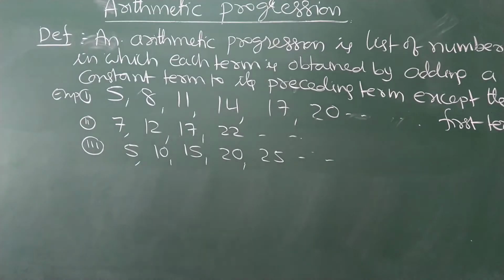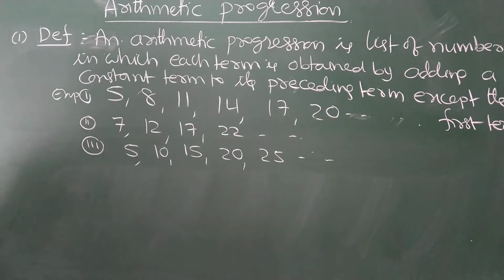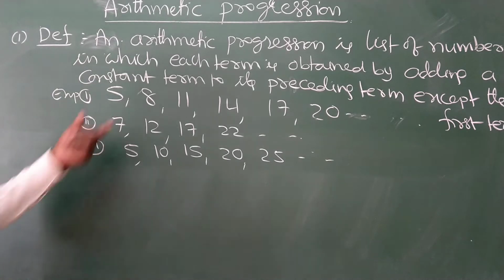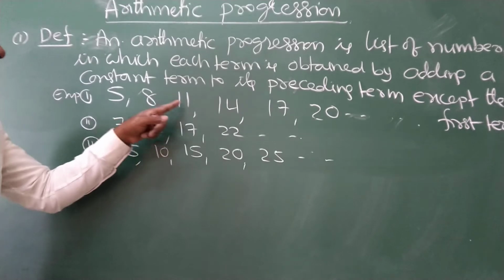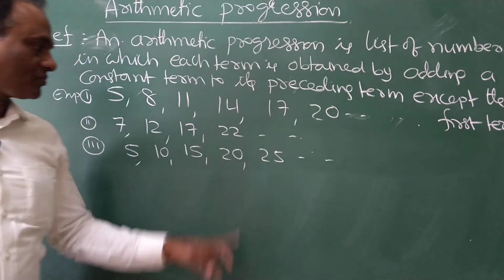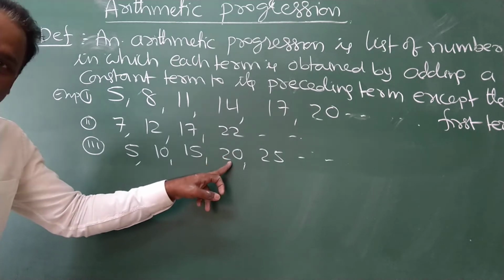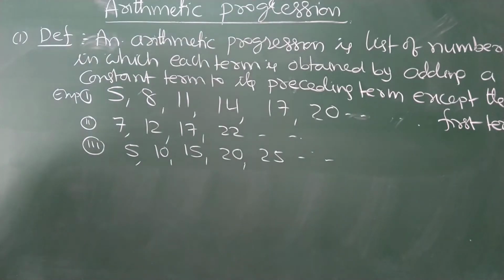Right. Write the examples for arithmetic progression. Difference is always the same. 8 minus 5 is 3. 11 minus 8 is 3. 20 minus 17 is 3. 25 minus 20 is 5. 20 minus 15 is 5. The difference is always the same.